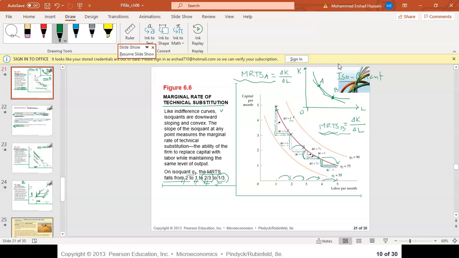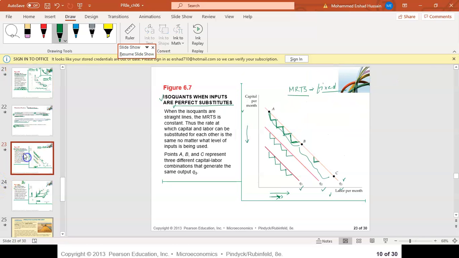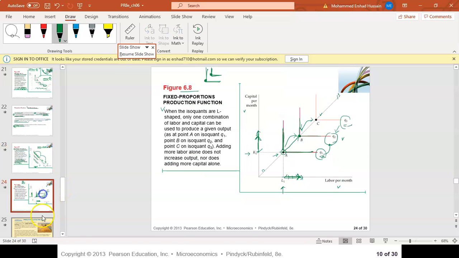But this is an extreme case where MRTS at any point A, B, C is the same because it is a straight line. Those are perfect substitutes. Points A, B, C represent three different capital labor combinations that generate the same output Q1 or Q3, right?